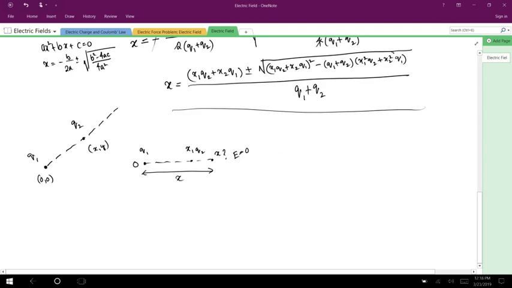Now, once we have that answer, we know that this distance over here is the square root of x squared plus y squared. And we also know the angle between this line and the x-axis, and that's just theta equals tangent inverse of y over x.